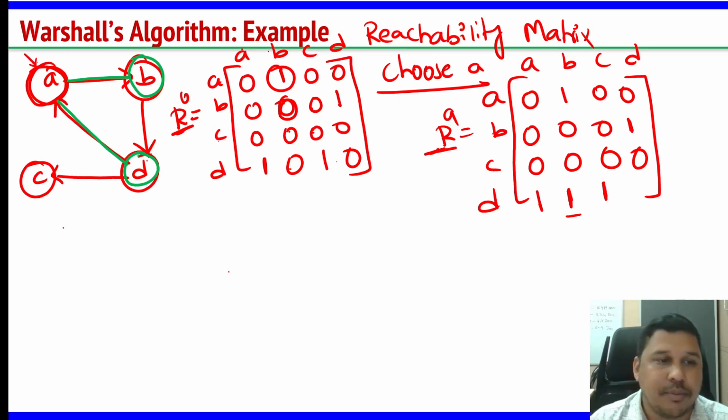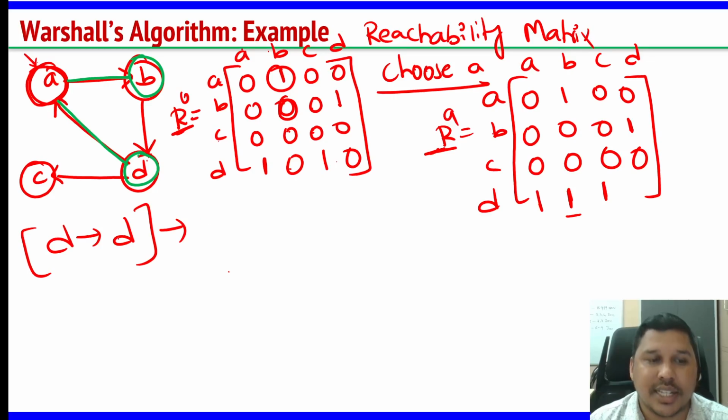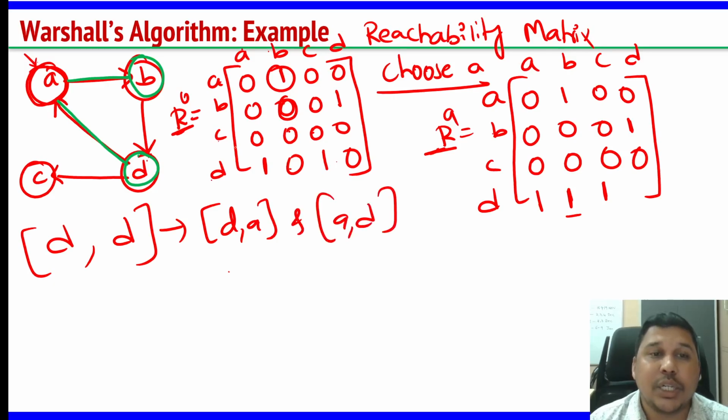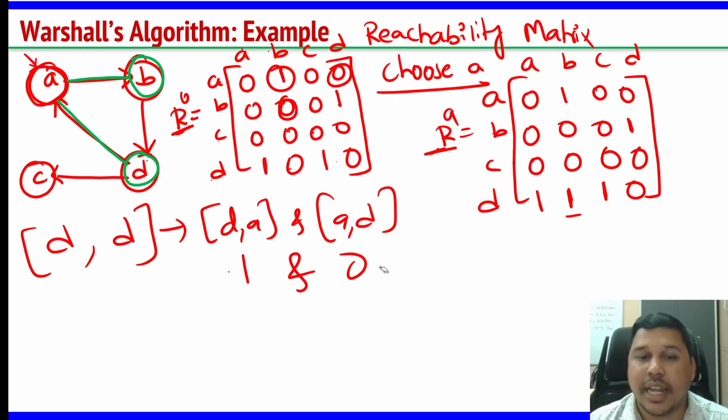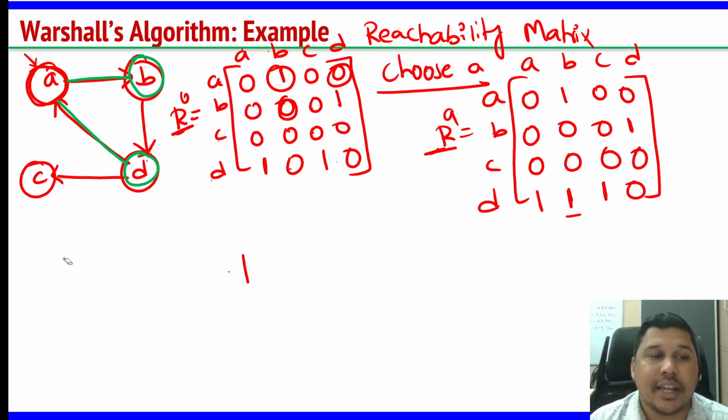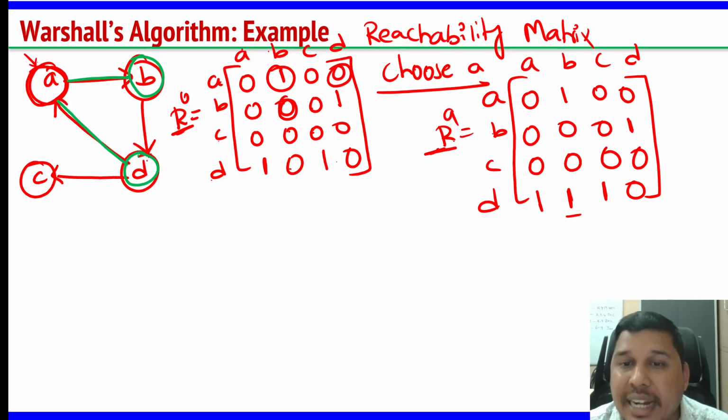Next, D to D. Is it possible using A? Let's see. That is from D to A and A to D. D to A, yes, it is 1, but A to D is 0. Therefore, I cannot have a path. Like this, we have found the RA. What does this reachability matrix RA indicate?